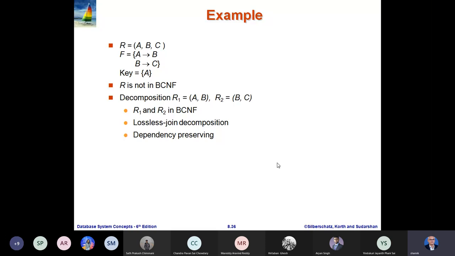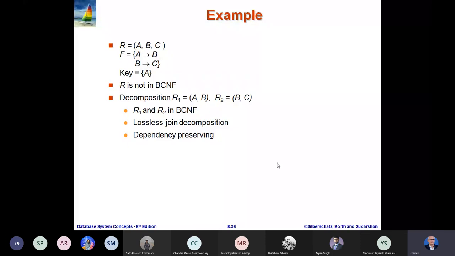So basically in F plus I have A to B, B to C, A to C. Out of these three FDs in F plus, for B to C, B is not a super key. Because B is not a super key and it is not a trivial functional dependency, we understand that this relation schema R, ABC, is not in BCNF. Okay.